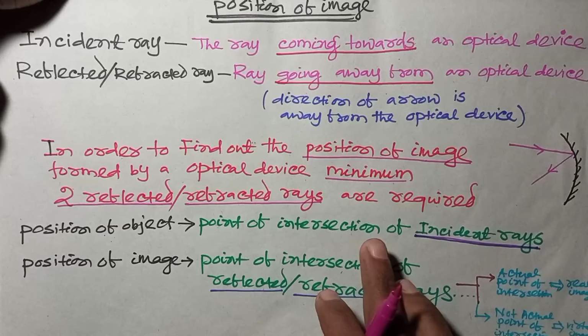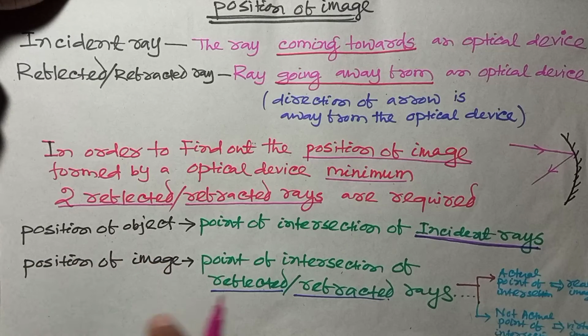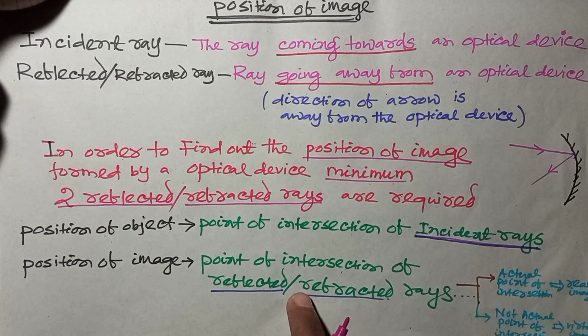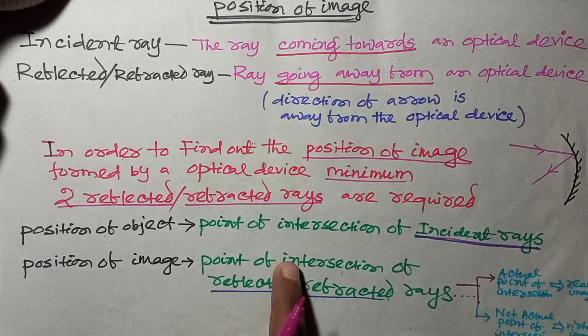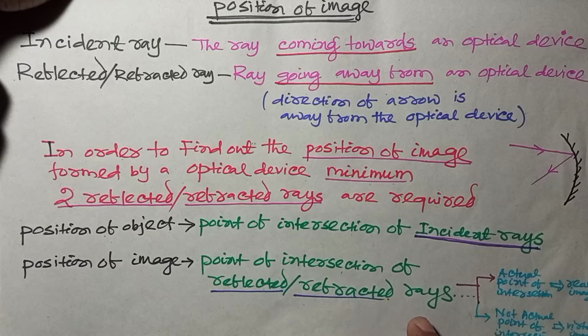Now let's see the position of the image. The position of the image is nothing but the point of intersection of reflected, yeah, refracted rays. It is the point of intersection of reflected rays or refracted rays.